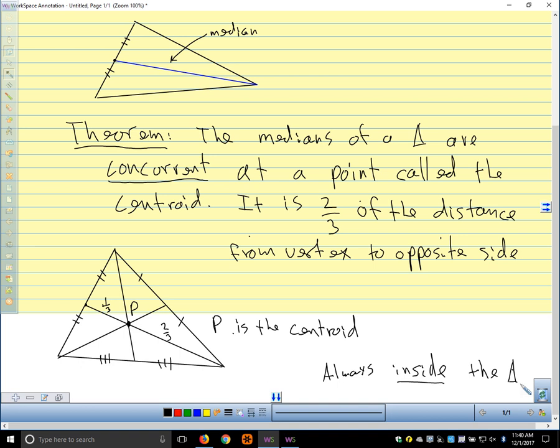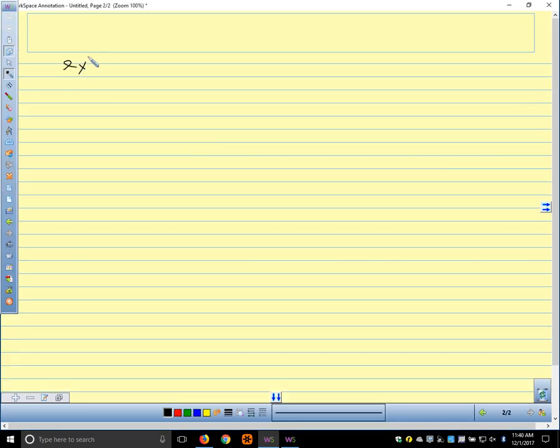All right, so I want to look at an example that has to do with a centroid, and then we'll talk about altitudes. So here's my triangle.